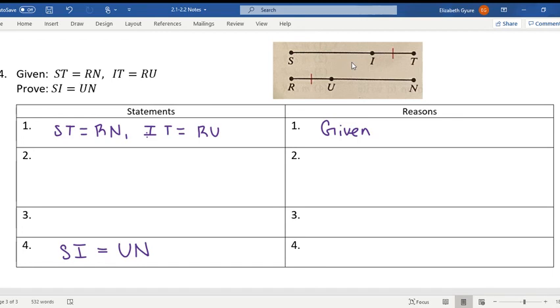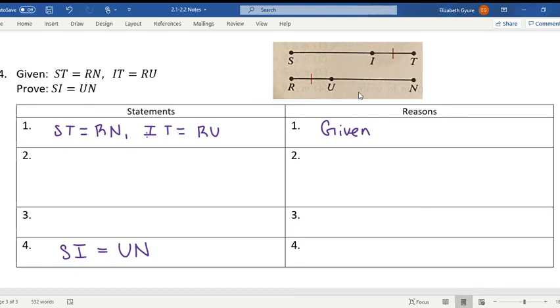But how I'm going to introduce these is actually by taking my parts here and showing that the measure of SI plus the measure of IT equals my whole measurement, right? We already mentioned ST and RN. Well, what about their smaller parts? That's a way to introduce that into our proof.